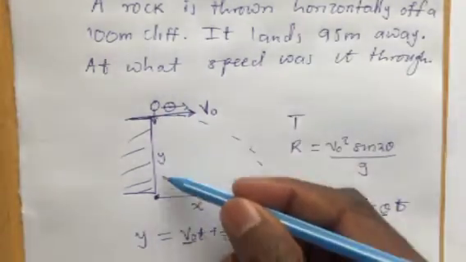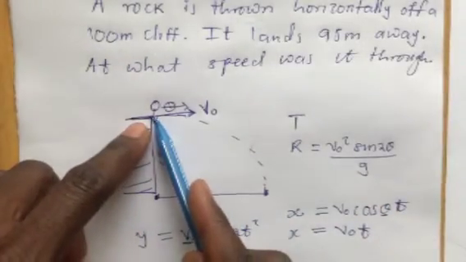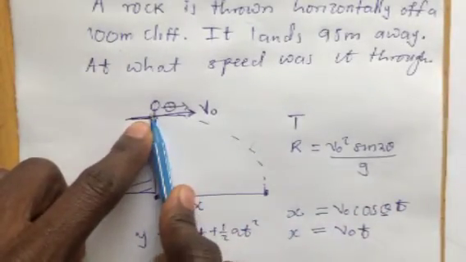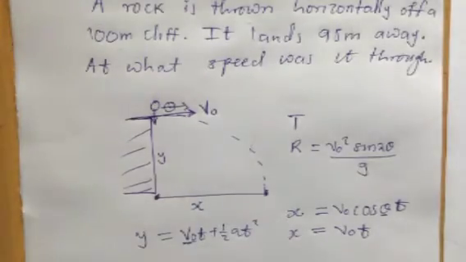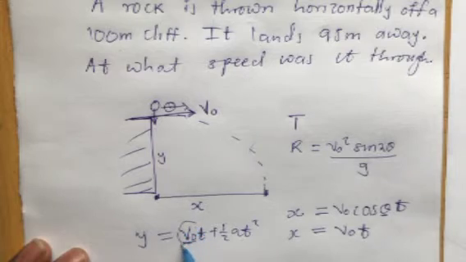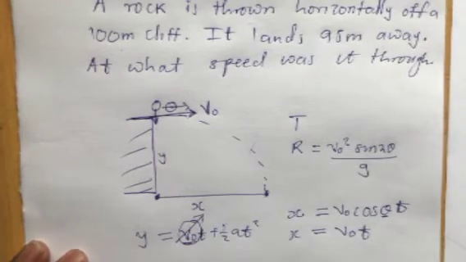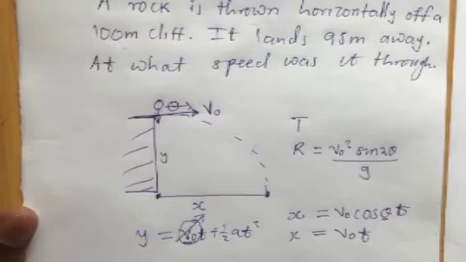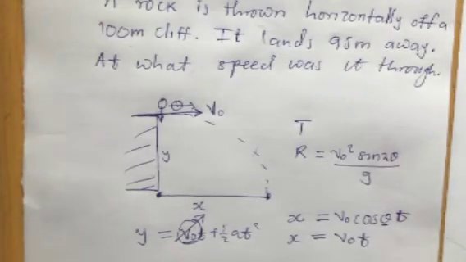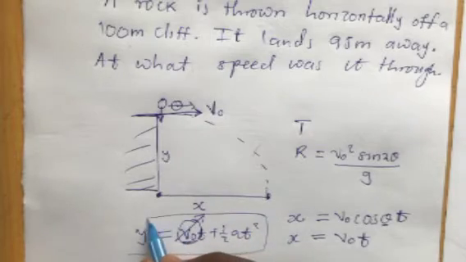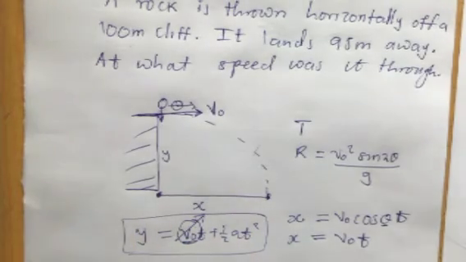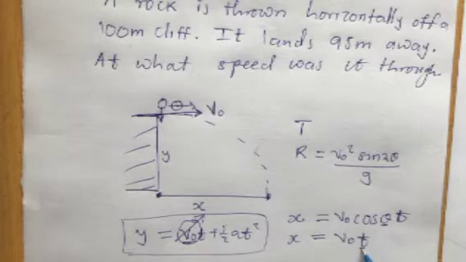Here it doesn't have the initial velocity in the y-axis initially, meaning that this part gives us 0. Remember, we said this thing has the same time both in y and in x. So you can use this expression to get time, and the time you get has to be replaced where there is this.